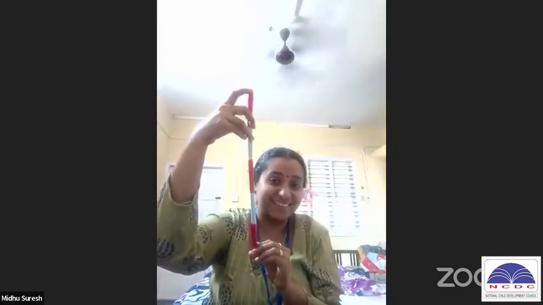Is this matching? Yes, ma'am. So I will congratulate her and tell her to keep it here, and I will put this 5 against this number rod. So it's 5. So the child is able to understand this 5. 5 means what? The child can understand the numbers.